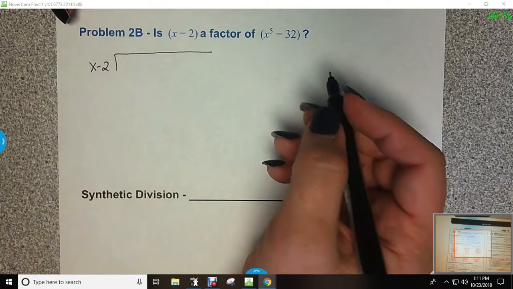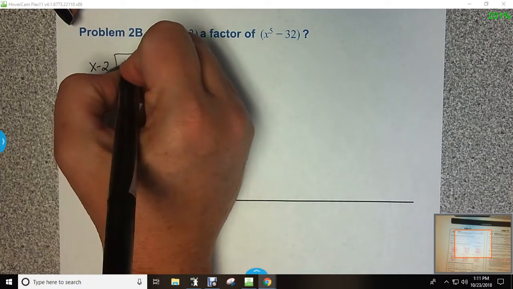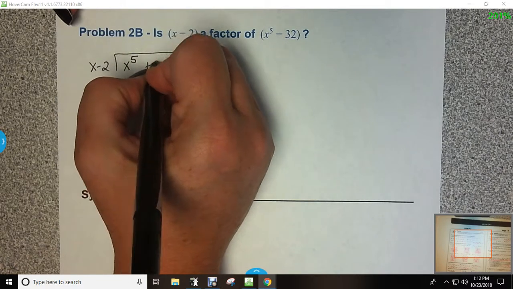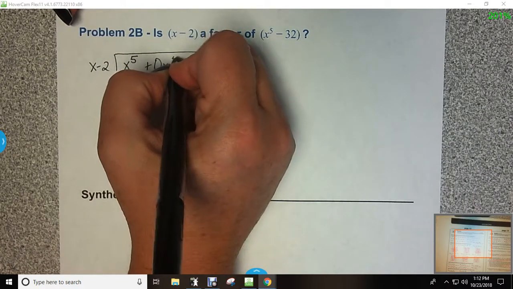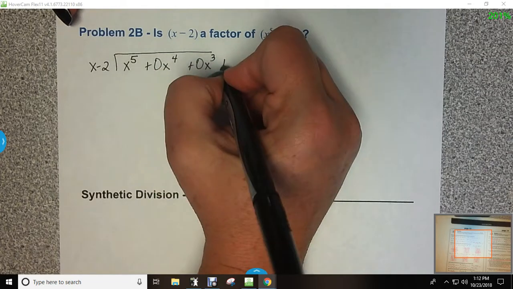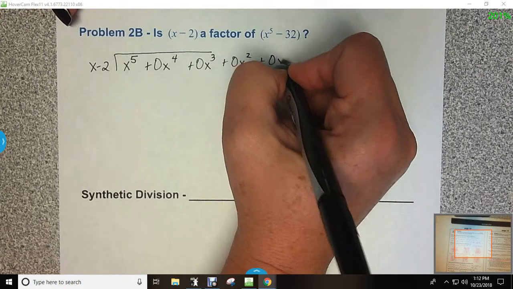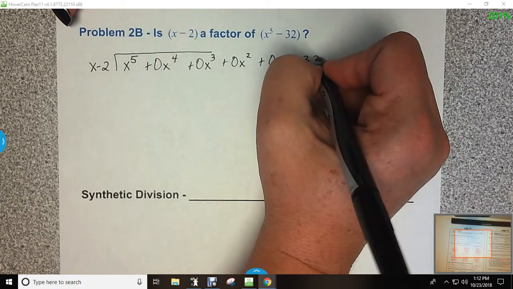And inside, I've got x to the 5th minus 32. Make sure you put in all of your placeholders. So I've got a 0x to the 4th, a 0x cubed, a 0x squared, a 0x, and then minus 32.